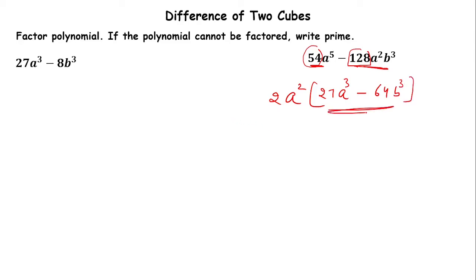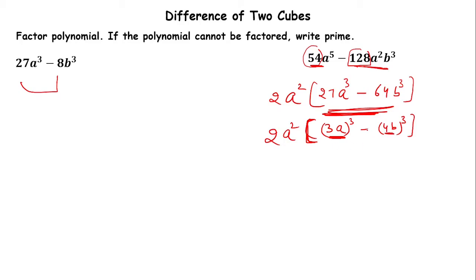How do you factorize this? Same as this. So 2a square, and this can be written as 3a cube minus 4b whole cube. Now a cube minus b cube, the formula: this is a cube, this is b cube.